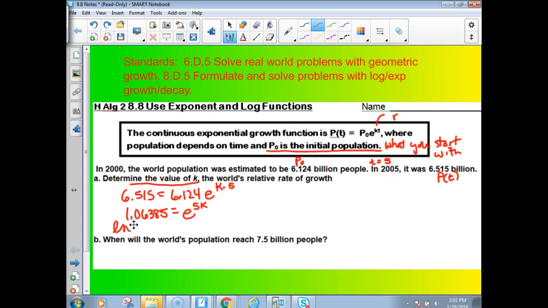All right, so the natural log of 1.06385 equals, let's use our power rule, bring that 5K out front times the natural log of E. And we learned that the natural log of E is 1. So here's what we're going to do to get K. We're going to take the natural log of 1.06385 and we're going to divide that by 5. And that's going to give us our K.